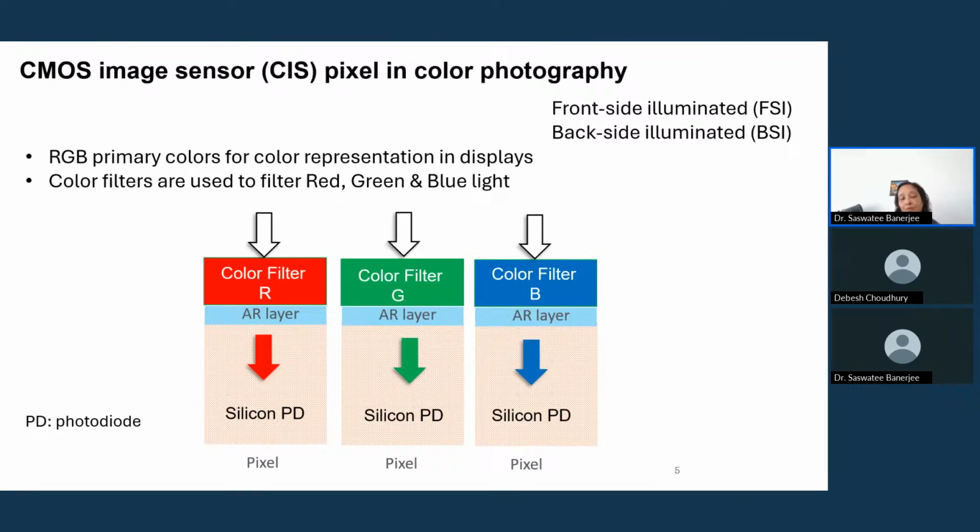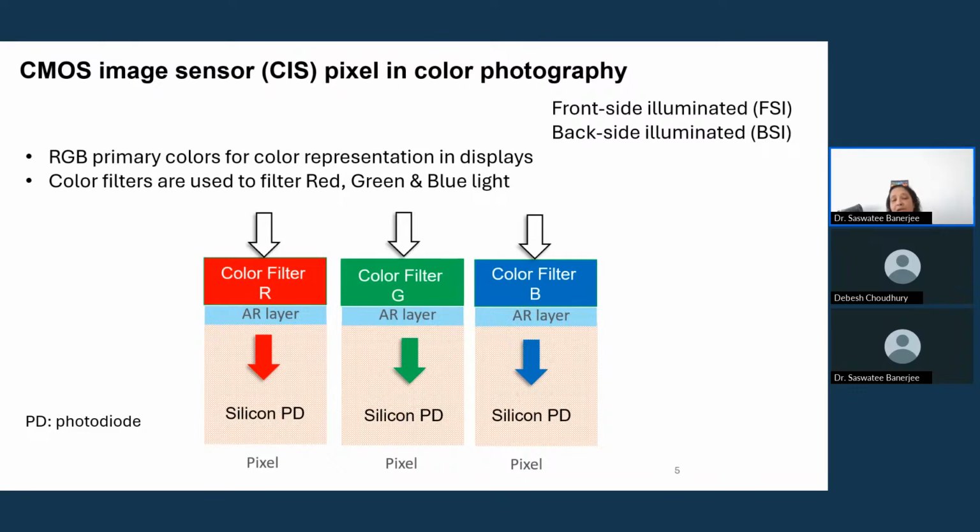For primary colors, we have a red filter, green filter, and blue filter, and each filter has its transmission in red, green, blue. But it is important to understand that when I say red, green, blue, it doesn't mean a single wavelength. They transmit over a broad band of wavelengths.